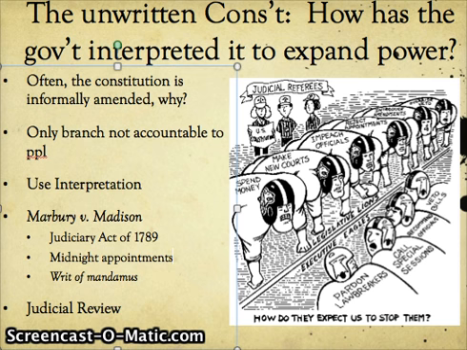So before Adams leaves his Oval Office, which it wasn't an Oval Office, but you get the picture, he writes a bunch of judicial appointments for the federal court system to put a bunch of Federalists on the bench to be able to check the actions of the Democratic Republicans.